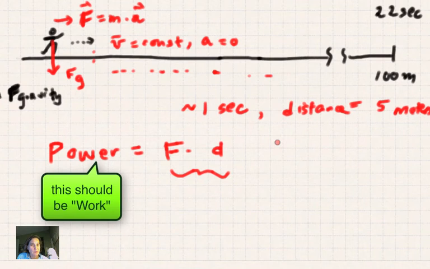So you start at 0 velocity, and then in 1 second you get up to 5 meters. So try to calculate your acceleration from that, and that will give you the force that you've expended to get up to that speed. And the distance in that case then is 5 meters.